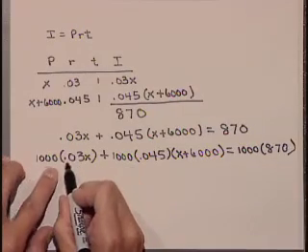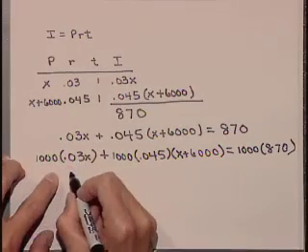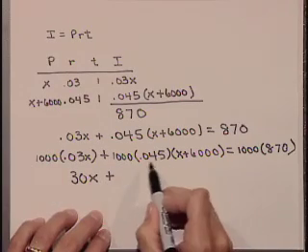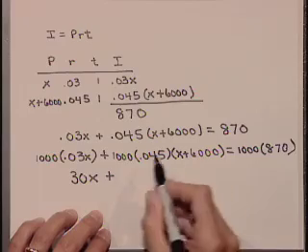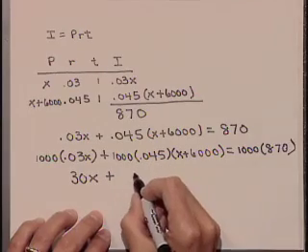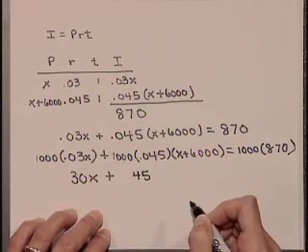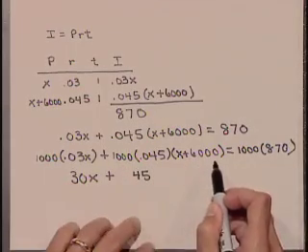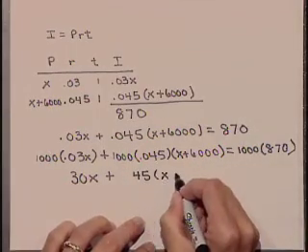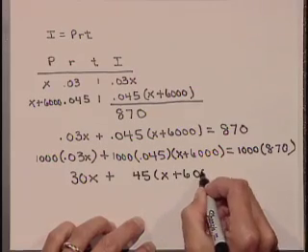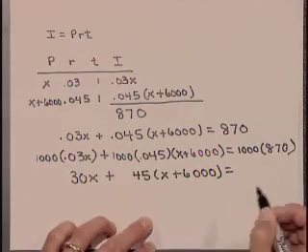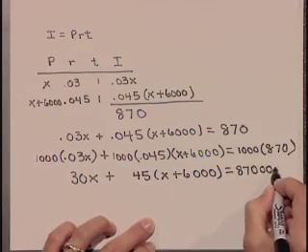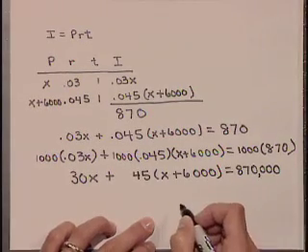Multiplying by 1,000 will move this decimal point 3 places, making this a 30x. Plus 1,000 times the 0.045, moving that decimal point 3 places, becomes 45. And then we take that product times the third piece. So 45 times the quantity x plus 6,000 is equal to 870 with 3 zeros, or 870,000.